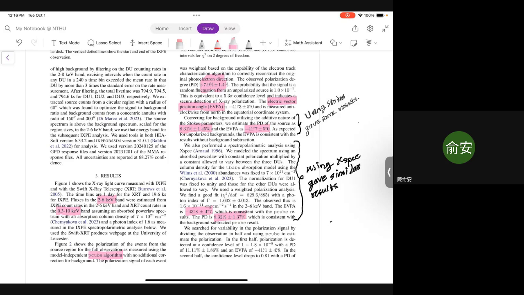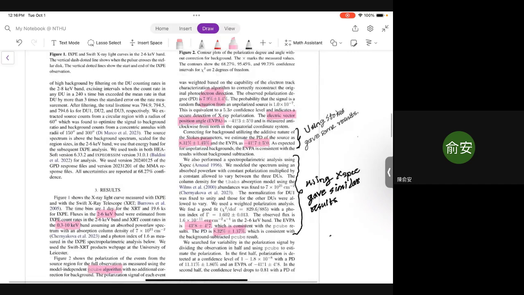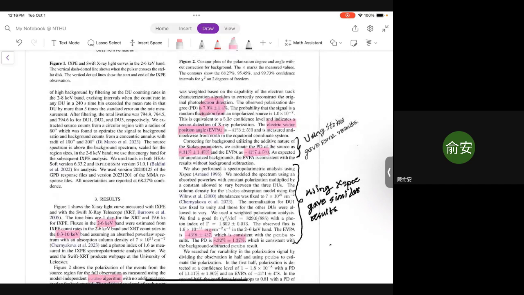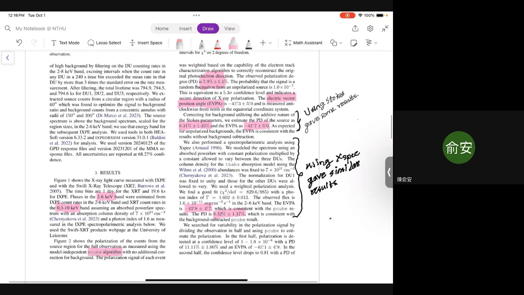spectroscopic analysis using XSPEC. So they used three different ways to see how much polarized the X-ray light from this source is, and they all lead to the conclusion that it is around 8 percent, and the EVPA, the electric vector position angle, is around minus 43.